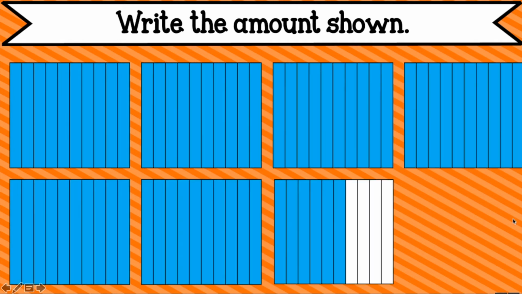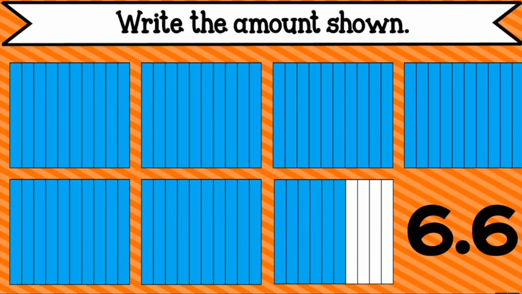All right, for number 3, write the amount shown. You can pause your video to think about it, look at your screen, figure it out, and then go ahead and press play when you want to check your answer. 6.6. So there are 6 whole squares here filled in, and then the last one is not a whole, but it's 0.6 because 6 out of 10 are colored in.